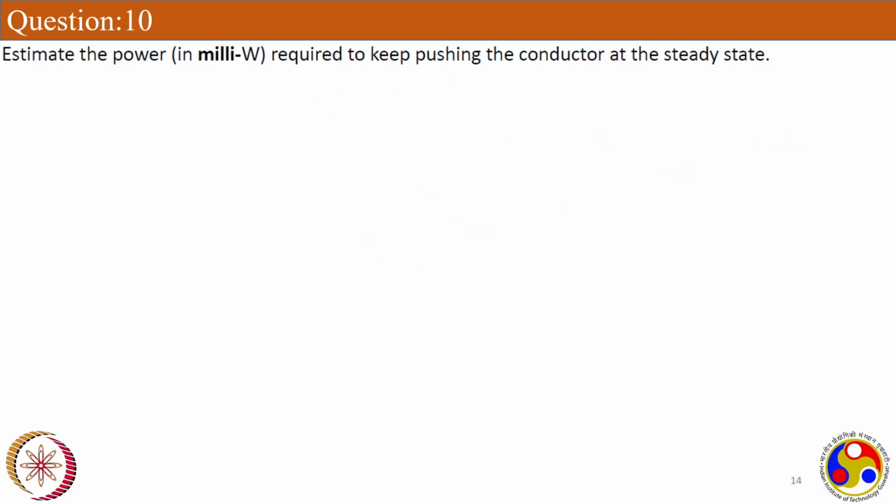And the final question which we will see for today is we have to estimate the power in milliwatts that is required to keep pushing the conductor at the steady state. So in order for the conductor to move along the rails, and to keep remaining in that position and continue its motion in the steady state, what amount of power should be supplied to that particular conductor?